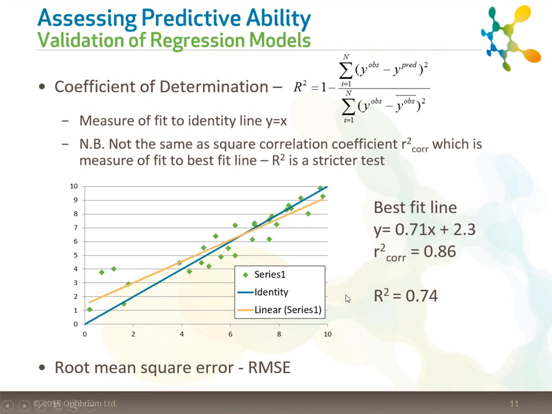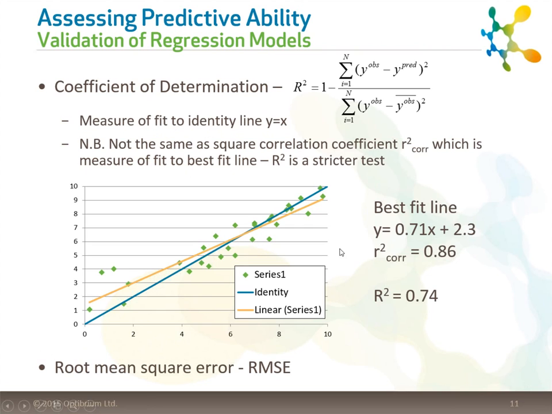But note that this is not the same as the squared correlation coefficient, which we denote as R squared correlation. That's a measure to the best fit line, which in this data set is shown in orange. We've got a good fit here, an R squared of 0.86 for the correlation in terms of the best fit line.